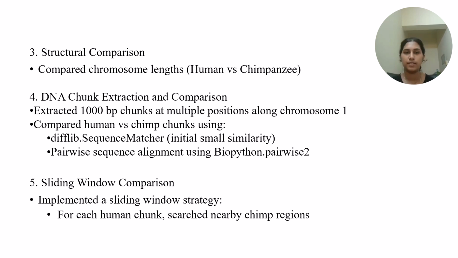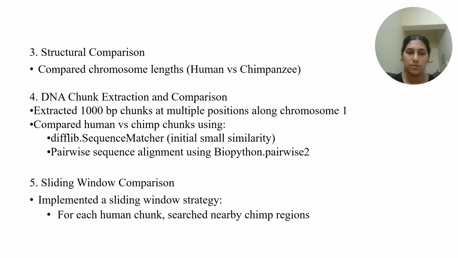We compared the length, then extracted the base pairs of the genome and compared them between human and chimpanzee. Initially, I used SequenceMatcher in Python, but it gave a very small similarity. So afterwards, I used pairwise sequence alignment, which could give more accurate results.